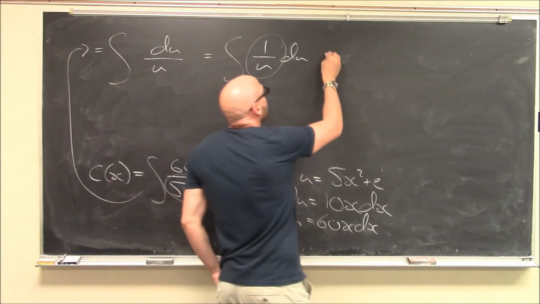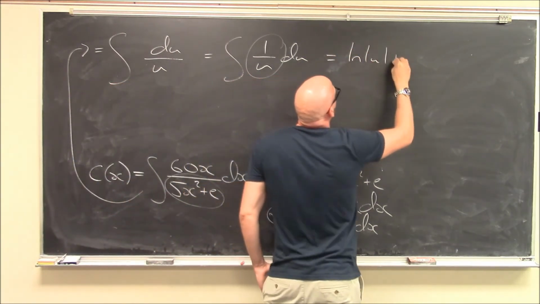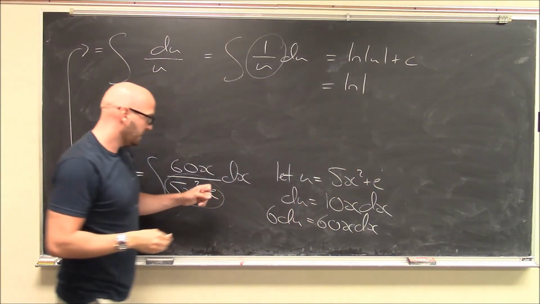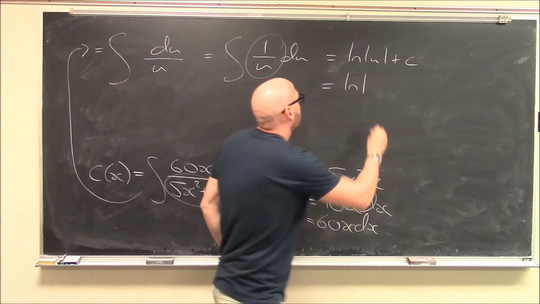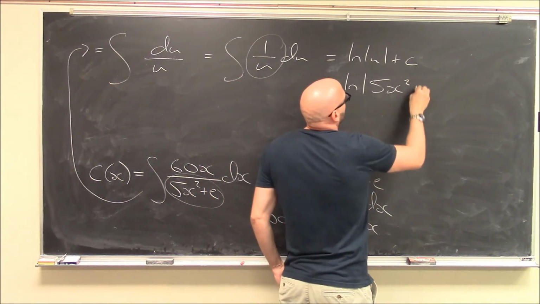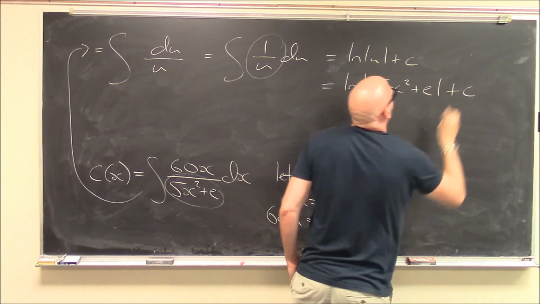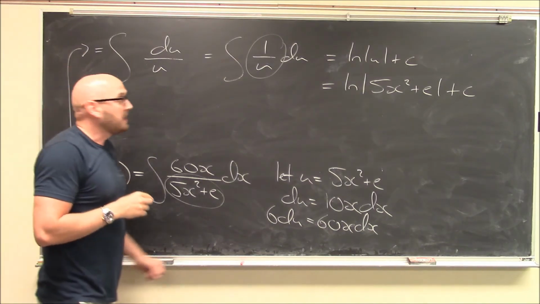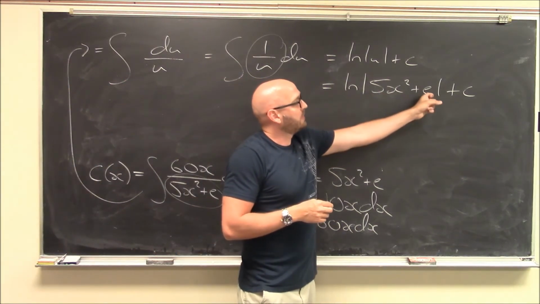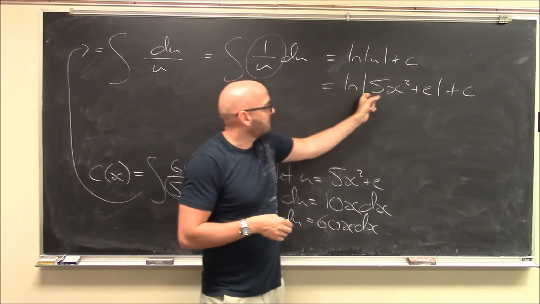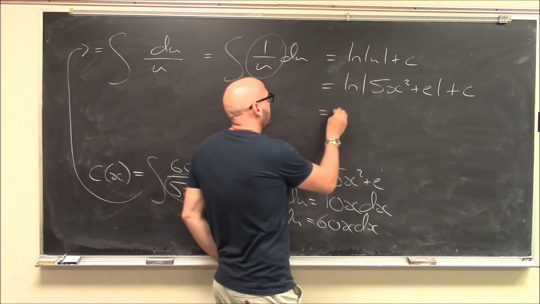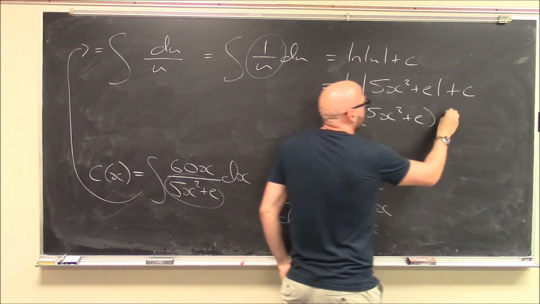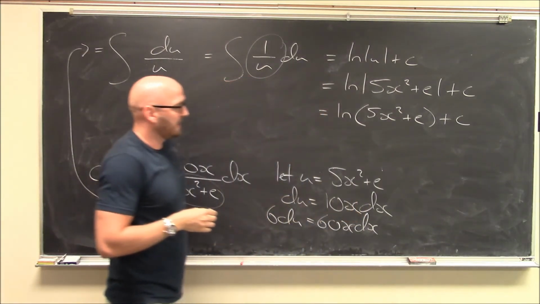So 1 over u integrates to ln of the absolute value of u plus C, which is ln of the absolute value of 5x squared plus e, plus C. If you're very attentive here, you'll notice, wait a second, 5x squared plus e can never be negative, so the absolute value bars there are a little bit redundant. Not a big deal if you notice this or not, but because that expression can never be negative, I don't really need the absolute value bars.